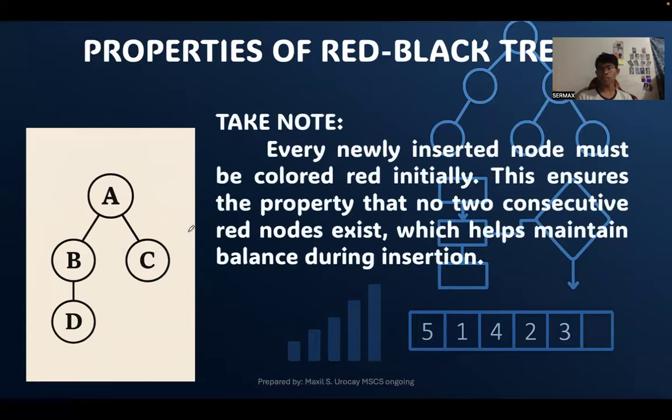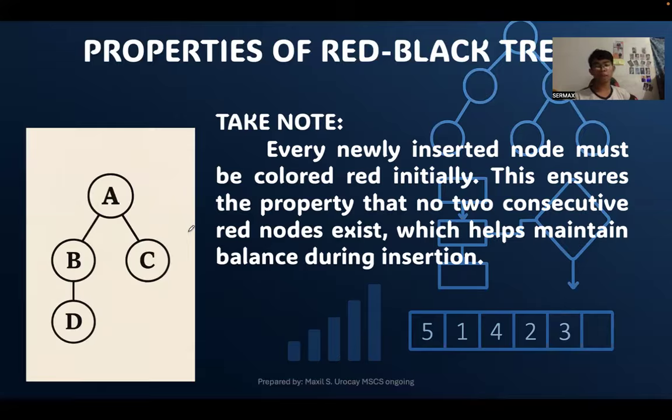Take note, this is the one thing you should always know: every newly inserted node must be colored red initially. So you insert the node, and it is considered initially red. And if there is a consecutive red, there is a specific discipline that you will observe.